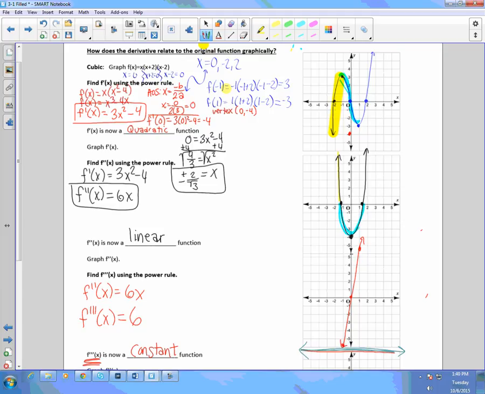That's here on the derivative. On the position function, this is the original, we'll call it the position function. From -1 to +1, the original function is doing what? Decreasing.